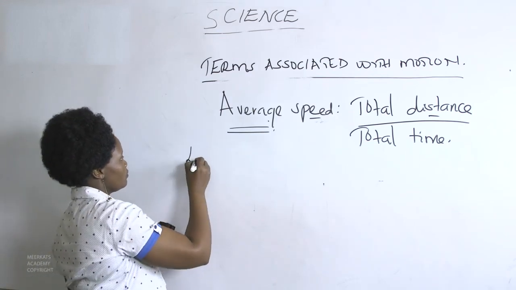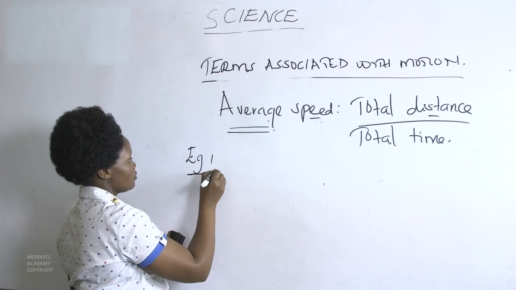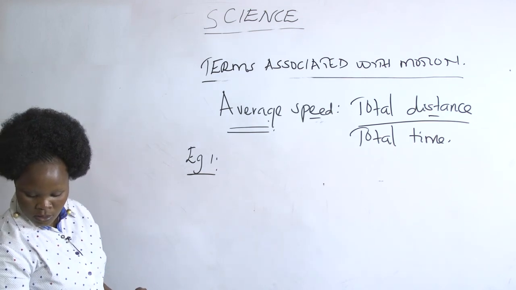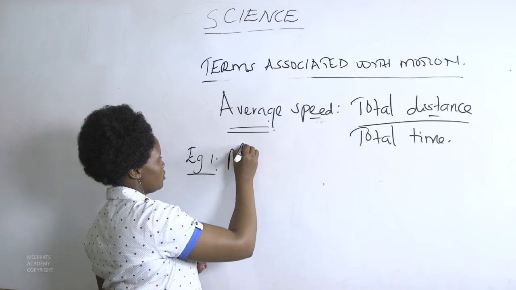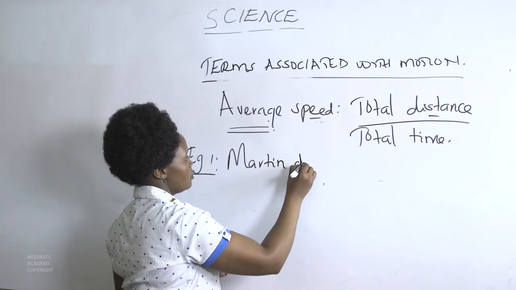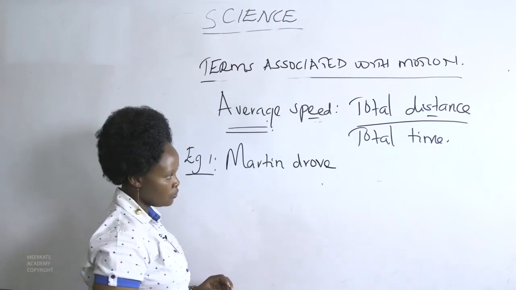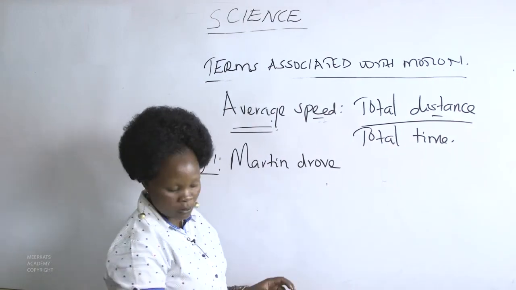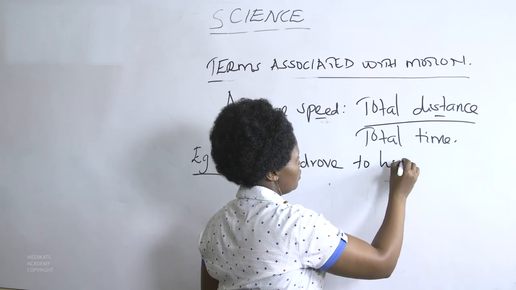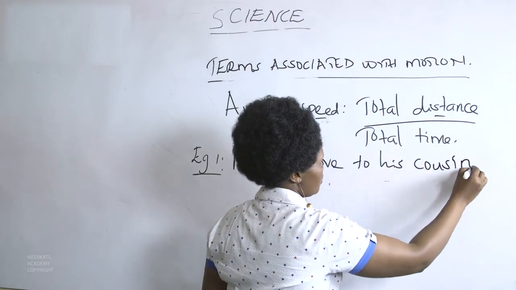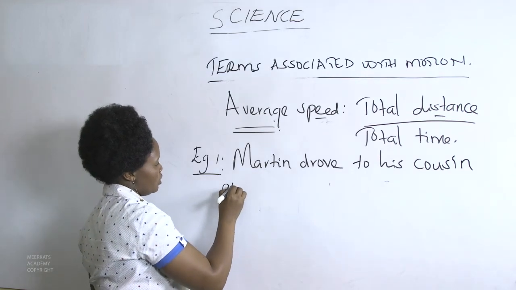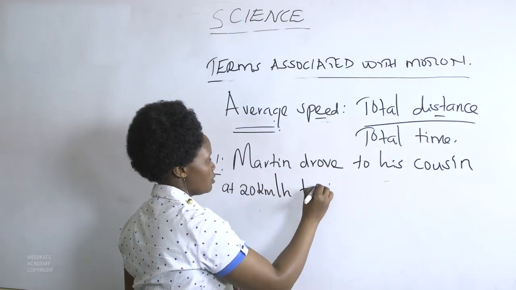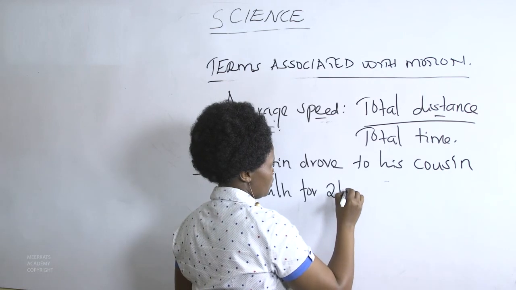Take an example. Martin drove his cousin at 20 kilometers per hour for 2 hours.